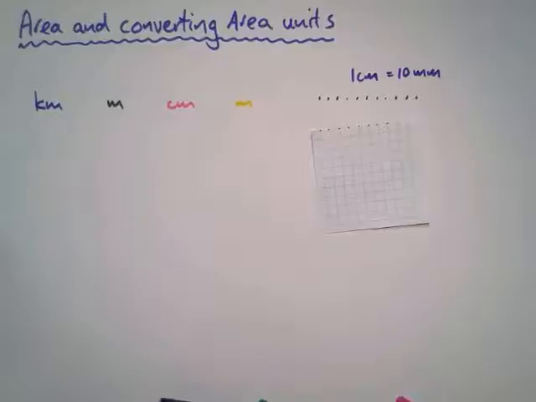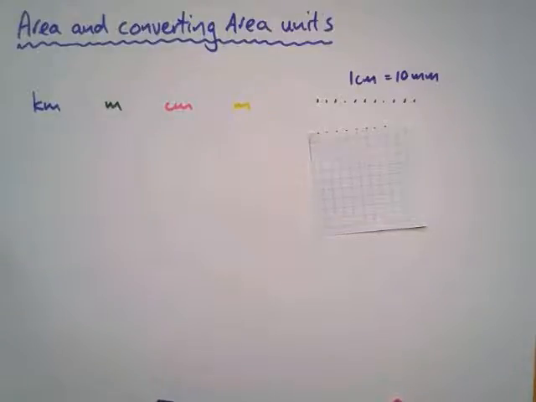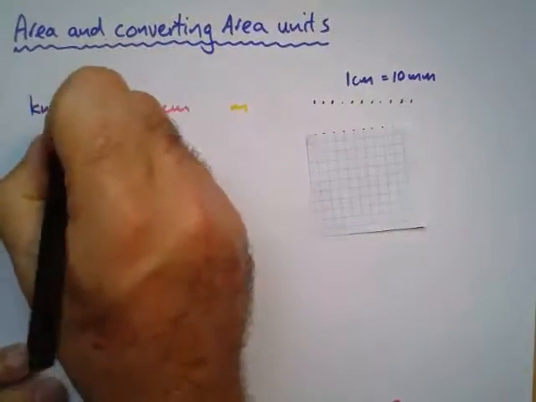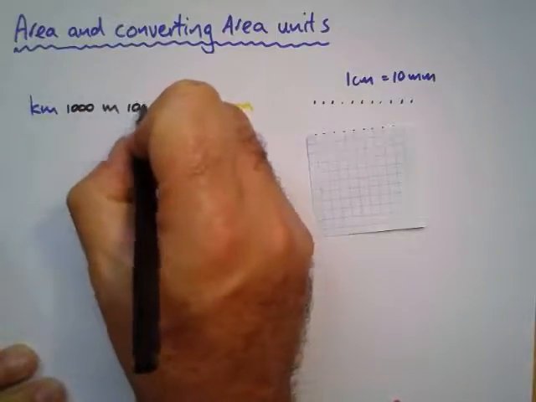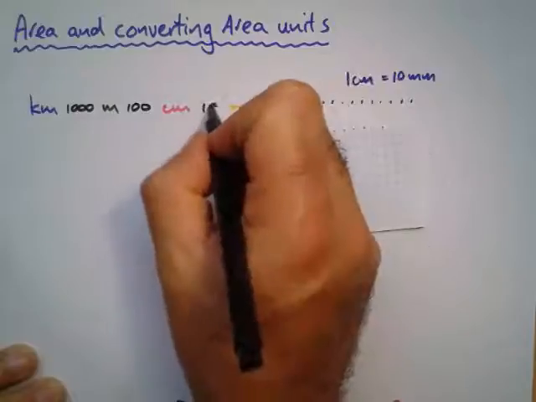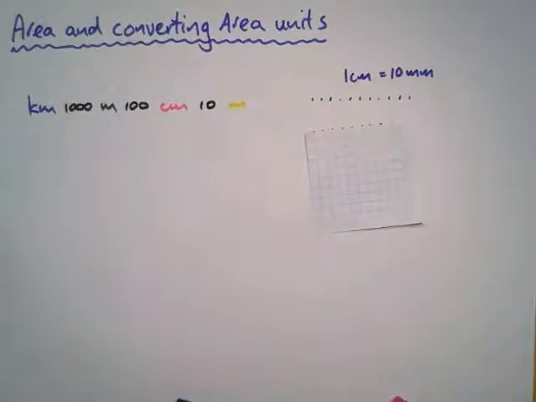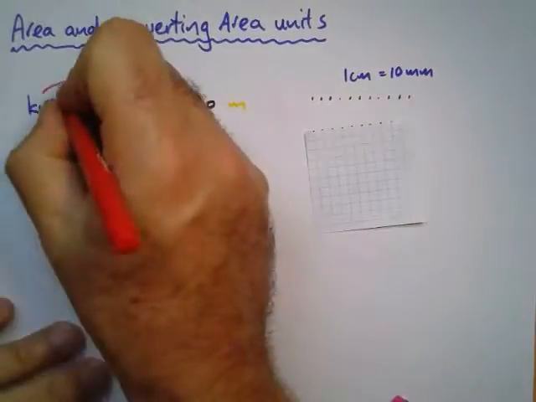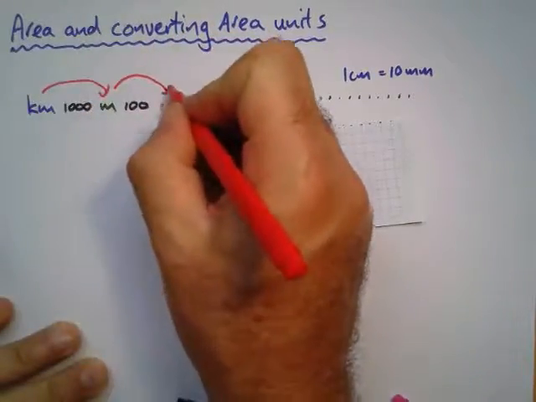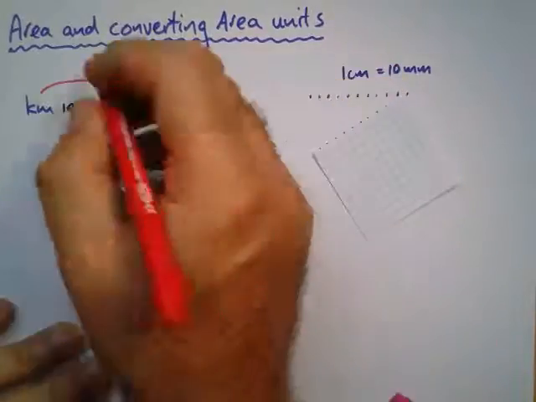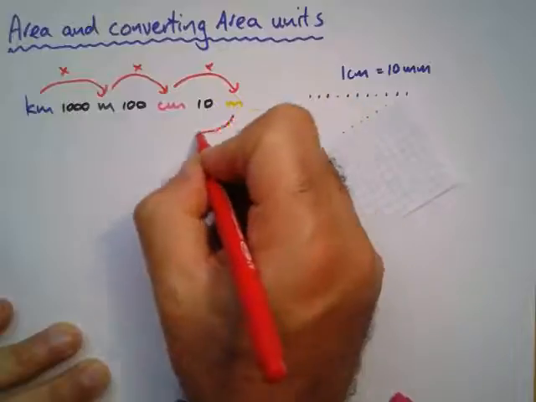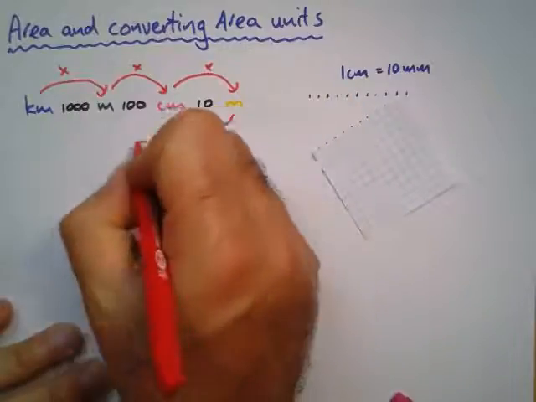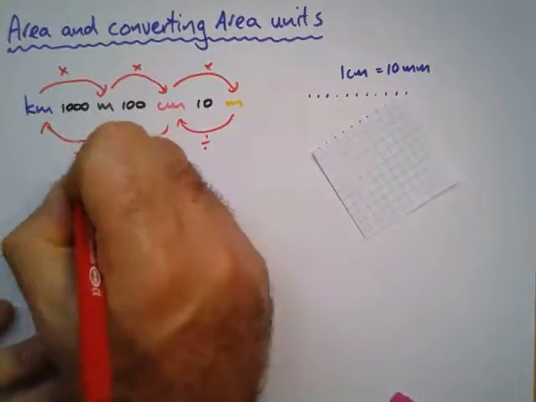And what we said is we have 1,000, 100, and 10. And I also said that if I go from there to there, from there to there, I times by that value, and if I go in the other direction, I divide. So that's what I already knew.